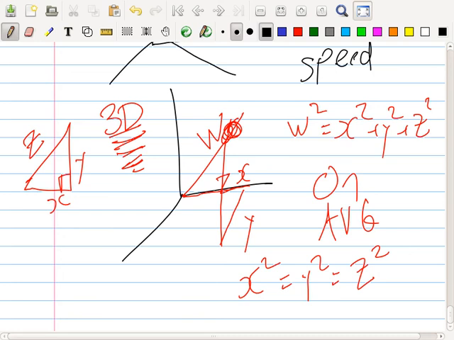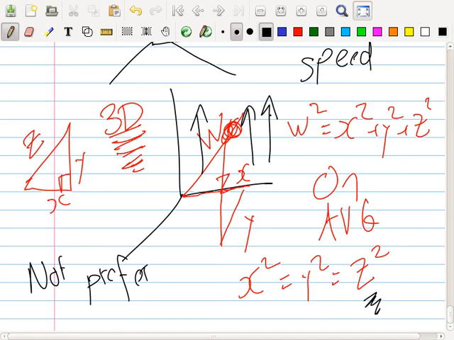Yes, like this. So these must be equal because the particle must not prefer. Because suppose that it preferred Z, what would that mean? That all the particles were going up. Do you understand? Suppose Z was bigger than these, right? That would mean all the particles would be going up more.